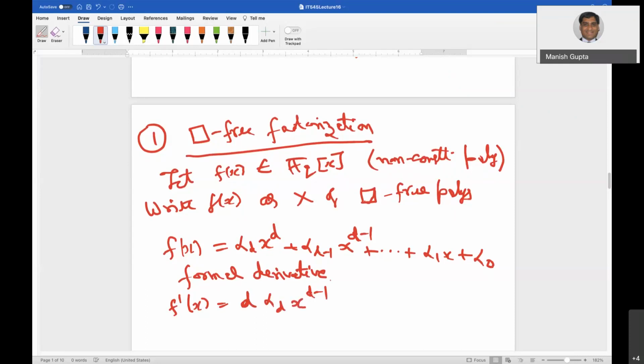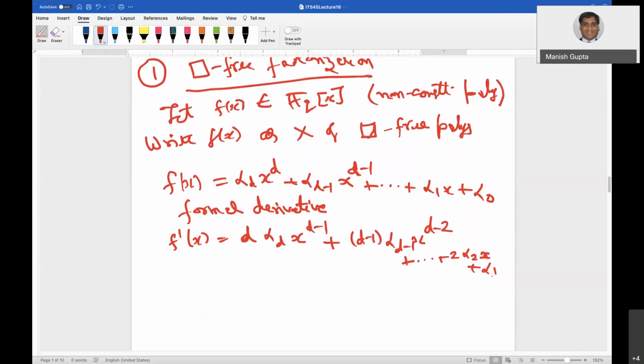You see the differentiation of this plus d minus 1 alpha d minus 1 x raised to power d minus 2 plus dot dot dot 2 times alpha 2 x, because here somewhere there will be alpha 2 x square, that will be 2 times alpha 2 x plus alpha 1, because the differentiation of alpha 0 will be 0, which is a constant, right? This is how we define a formal derivative f dash of x.